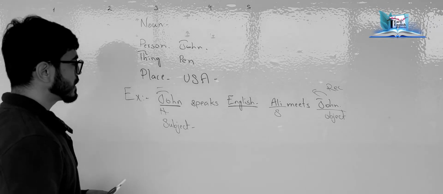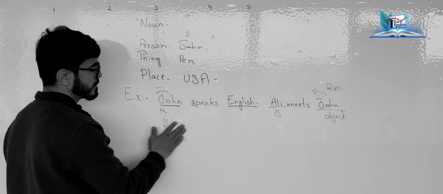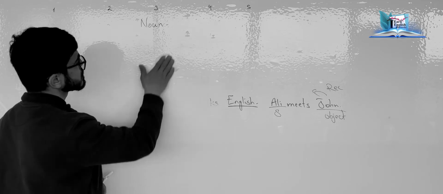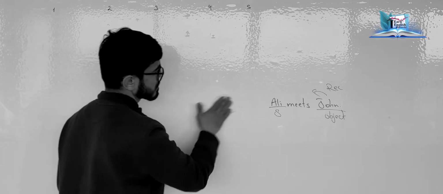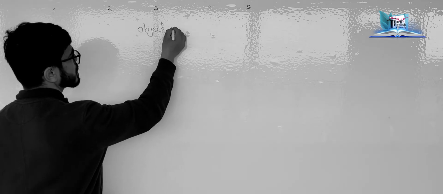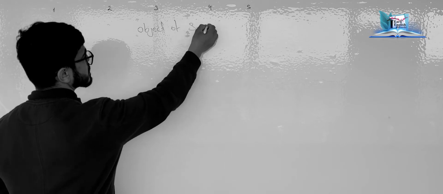Now let's talk about the object, okay? So maybe, what do you think? So how many objects do we have in a sentence? So what kind of object are very common, right? So let's talk about the object of a sentence.